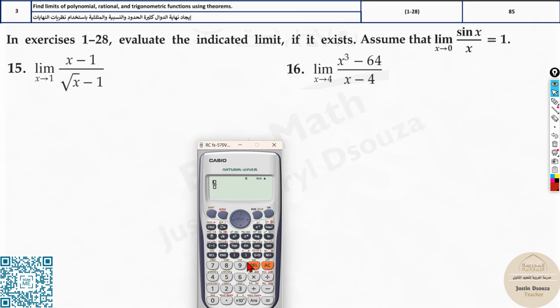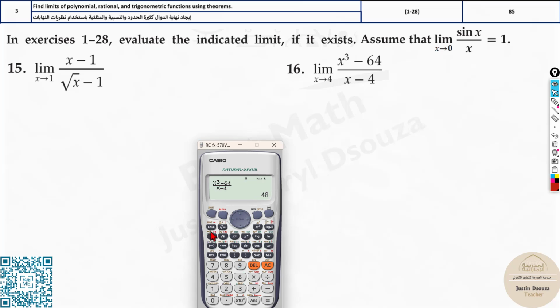I'll just do this one over here. It's cube of x, that is power 3, minus 64 divided by x minus 4, and calculate the limit at 3.999, that is very close to 4.